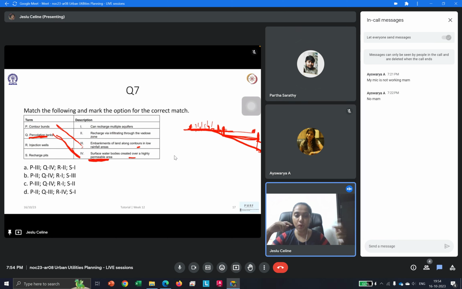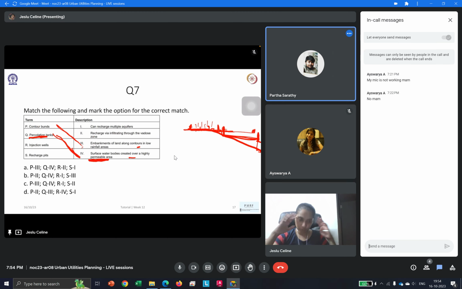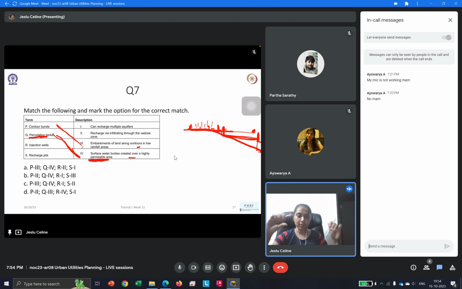So now that we have eliminated the other options, it becomes a bit easy to say that a recharge pit cannot recharge multiple aquifers because a recharge pit is just a small pit. So it recharges that particular aquifer. But if it's an injection well, you're going down into the aquifer. So there can be multiple aquifers over there. So an injection well can recharge multiple aquifers.